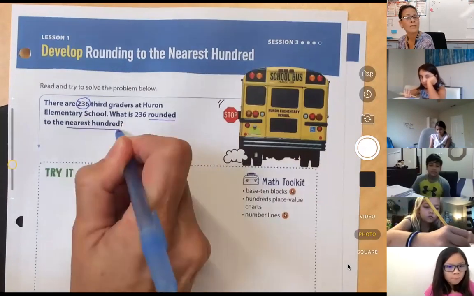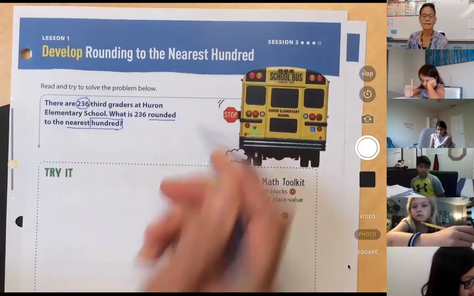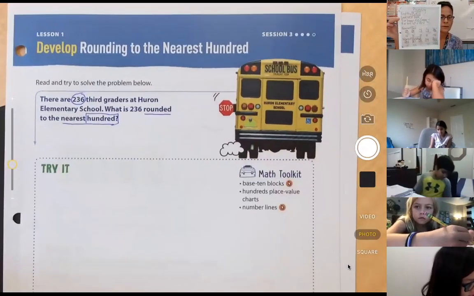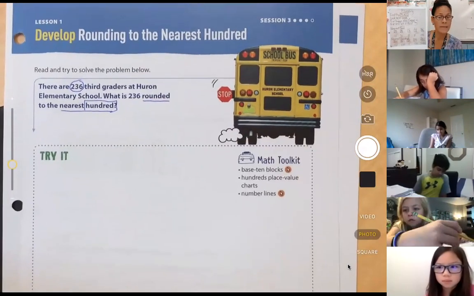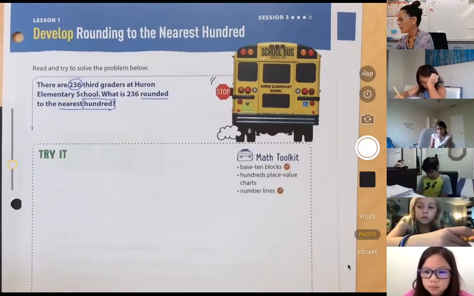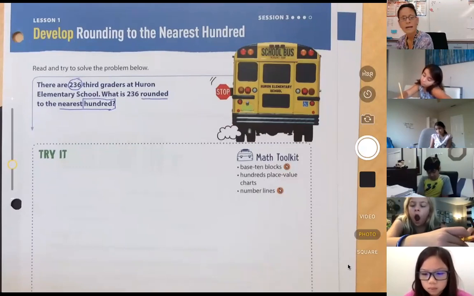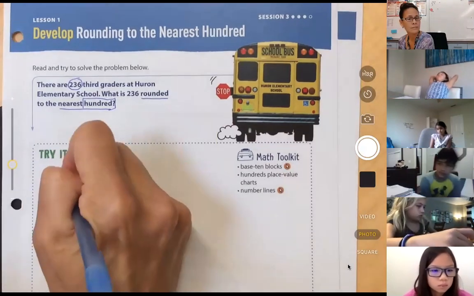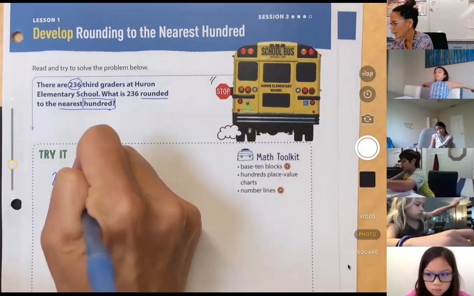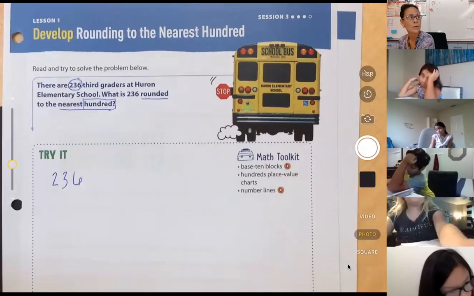So if we were to use the pictorial that I showed you, and again, it's this one here, you can see my little tiny square right now, again, on my website. If I write down the number 236, I have to remind my brain that I am rounding to the nearest 100. So I am going to identify the place to which I am rounding.